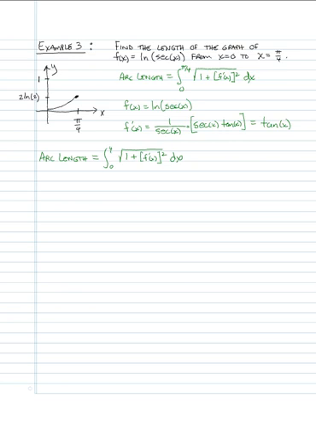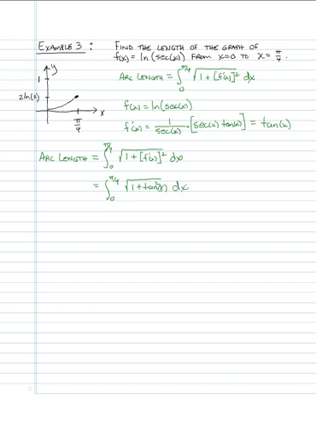And in this case, f prime of x is the tangent of x. Oops, I should have said pi over 4 here, my bad. So we have the integral from 0 to pi over 4 of the square root of 1 plus tangent squared x with respect to x.